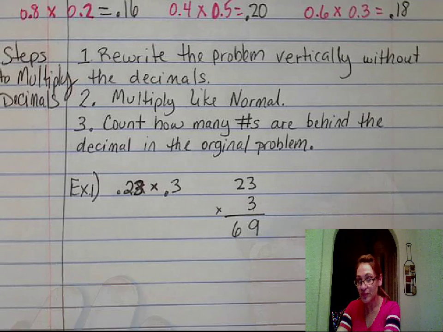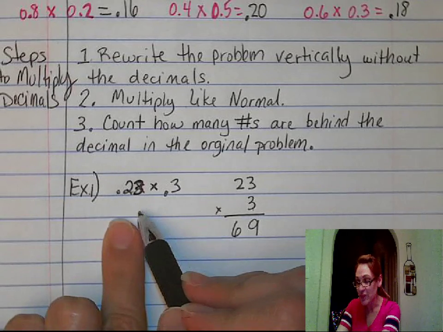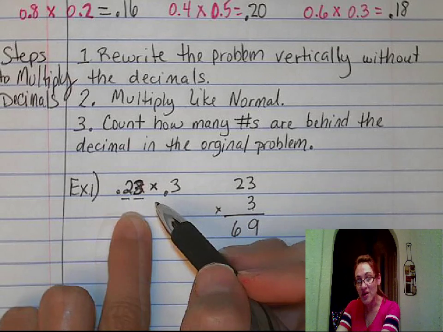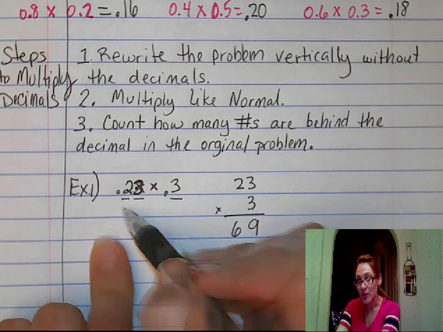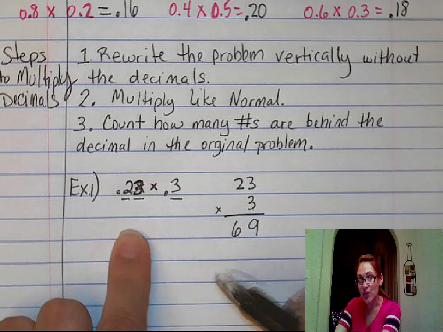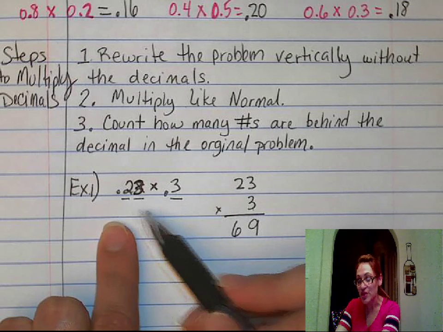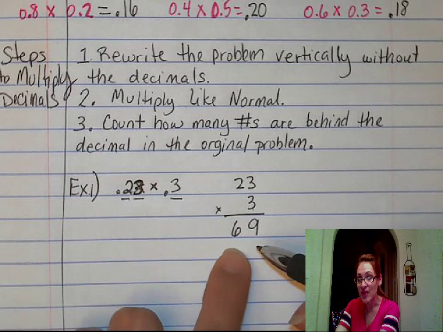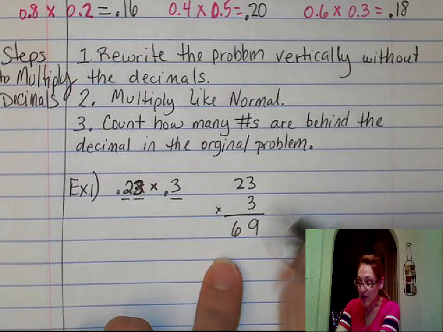Step 3 says you're going to count how many numbers are behind the decimal in the original problem. So let's go back to the original problem here. Right here we have 2 numbers behind the decimal, and over here we have 1 number. How many is that in total? 1, 2, 3, right? Since your original problem has 3 numbers behind the decimals, this answer needs to have 3 numbers behind the decimal.